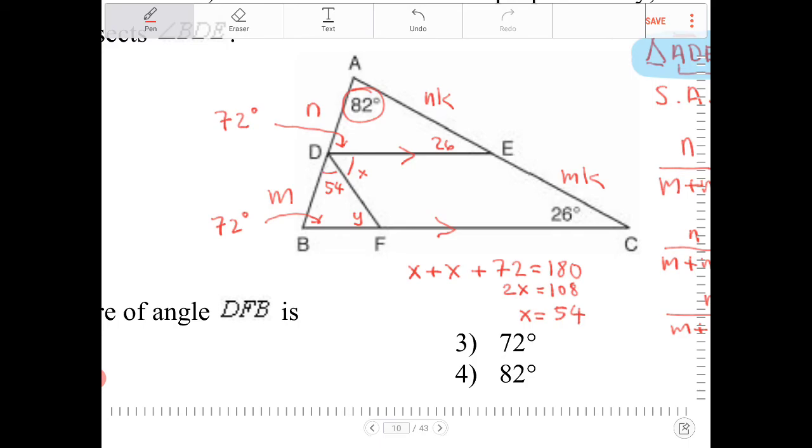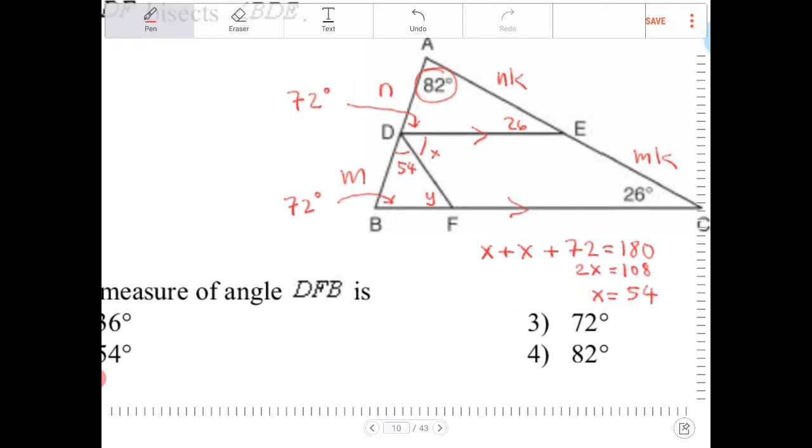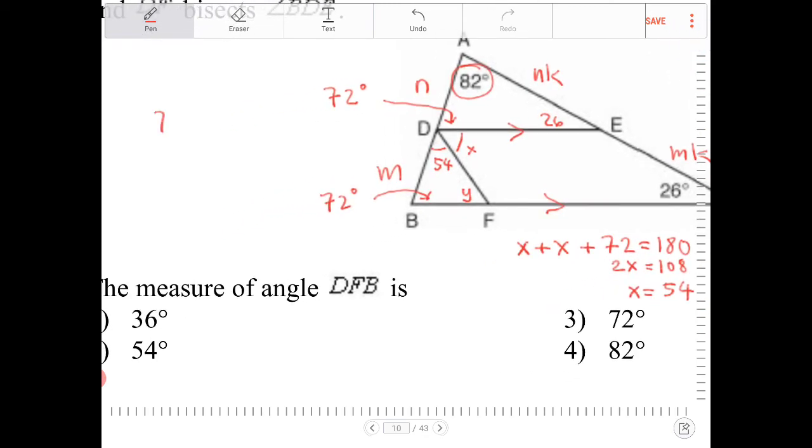Because, again, DE and BC are parallel. So now that I know angle B to be 72, and I have 54 degrees there, I can now solve for y. So I can say 72 plus 54 plus y is equal to 180. I'm going to add together the 72 and the 54, and I get 126.